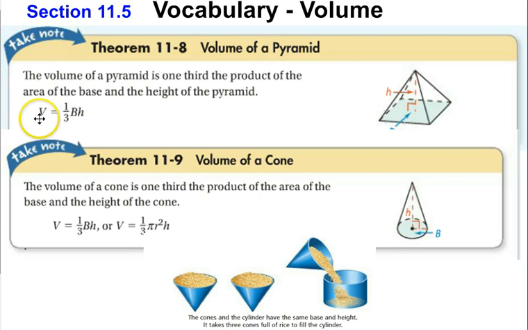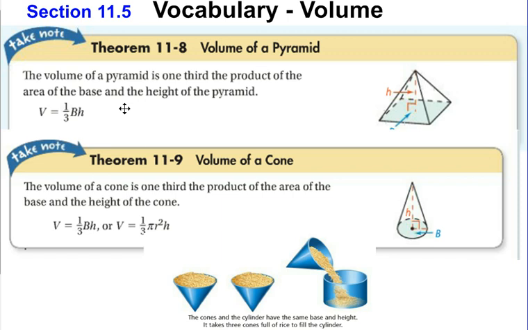So basically your volume formula is 1/3 of the area of the base times the height. Now, another option besides multiplying by 1/3 is to divide by 3.